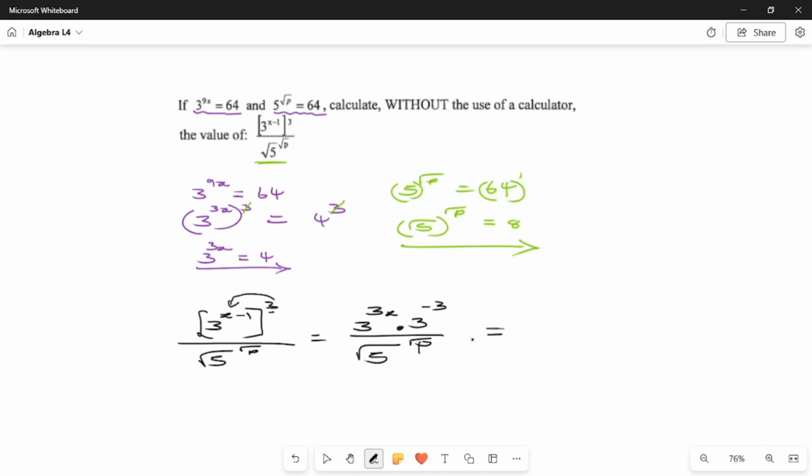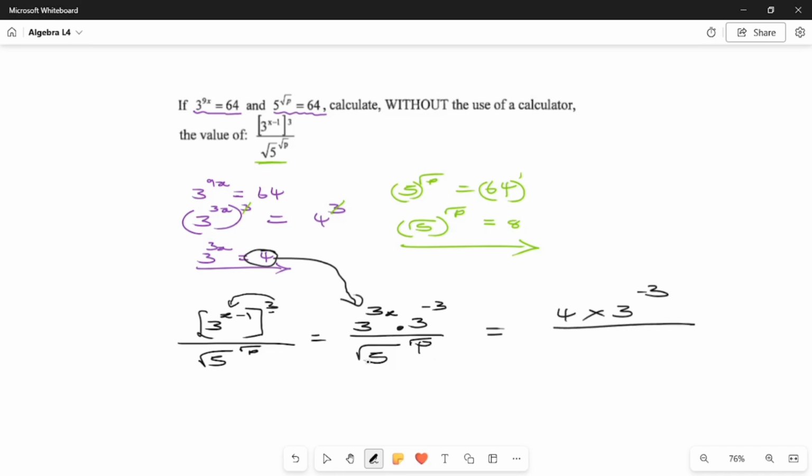And how we do that is very simple. Remember, earlier on we said that 3 to the power of 3x was equal to 4. You see that 3 to the power of 3x is equal to 4. So we can just now write 4, right, times 3 to the power of minus 3 all over.